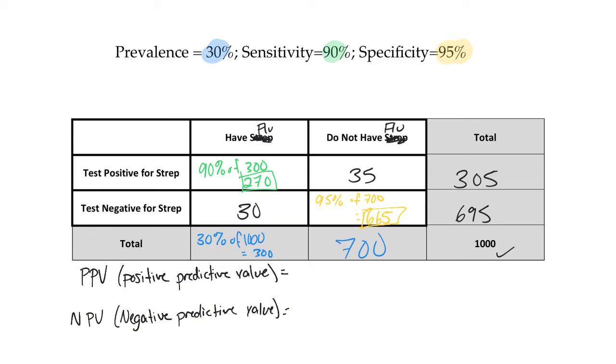And so for the positive predictive value, your book defines this as the true positives divided by all positive tests. So the true positives were those who test positive and have the disease.